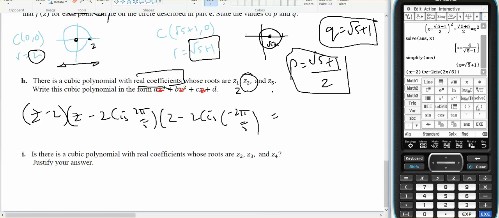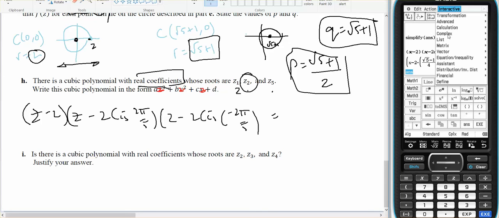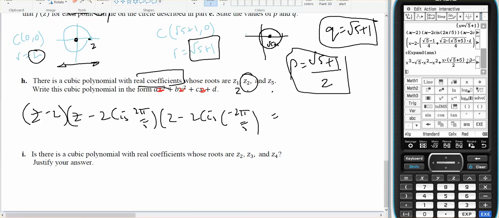And I've also got, I pick all that up and make that 4 minus 2 pi on 5, which is what Z5 is. See, expand, there are no i's, so they're all real roots.